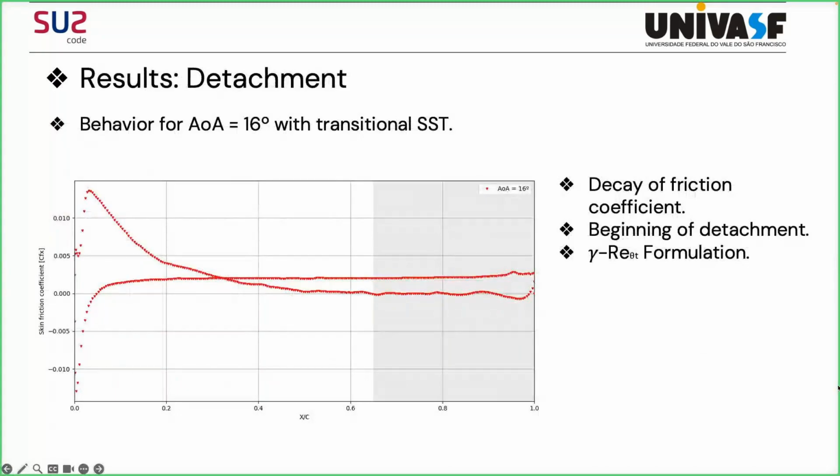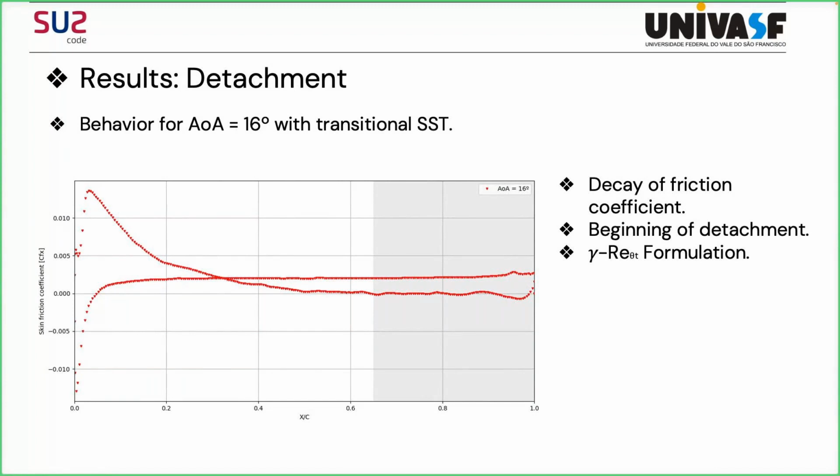For this result, we can observe that the transitional SST model better captures transition, beginning with small fluctuations of velocity and pressure. At this highlighted part, the friction coefficient in the x direction assumes negative values, showing detachment and the start of transition to turbulent behavior.